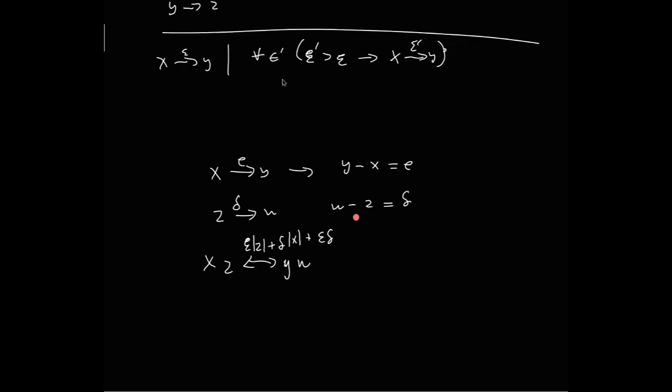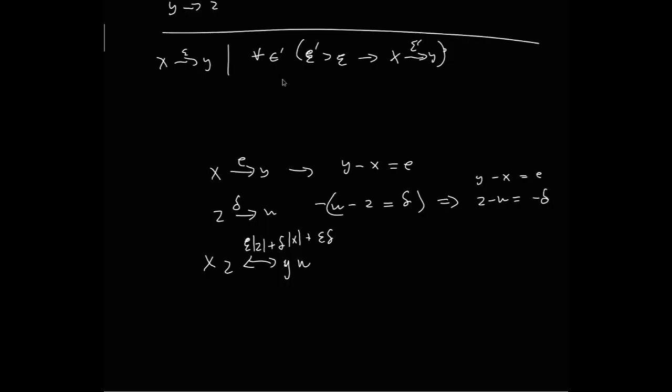And then let's multiply these two. So we get yw minus xz. But we actually get yw plus xz. But what do we also get? Well, we want xz minus yw, so I'm going to take the negative of this and multiply. So in fact, z minus w is negative delta.